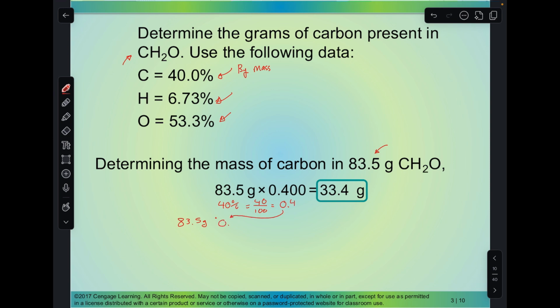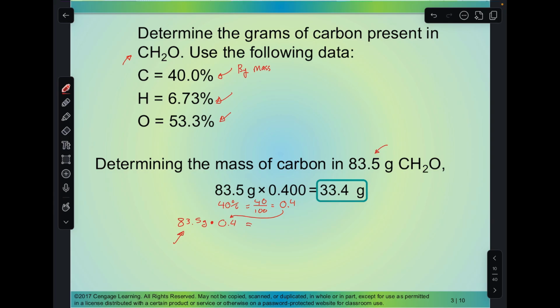And we say 0.4. We're saying that this is our mass. We need to know how much carbon there is in it, and we know that it's 40% of the mass.